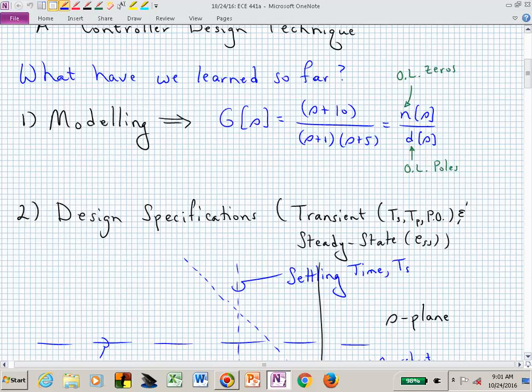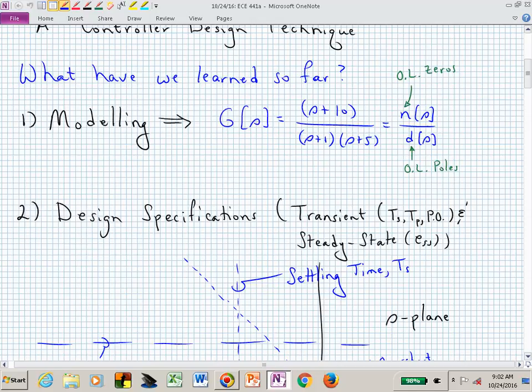So we've looked at modeling, and some of these points will be needed as we move through the material, especially this notation that I'm now introducing for the plant or the system G of S. The particular plant is not that important, but it does have one finite zero. Where's that zero located?